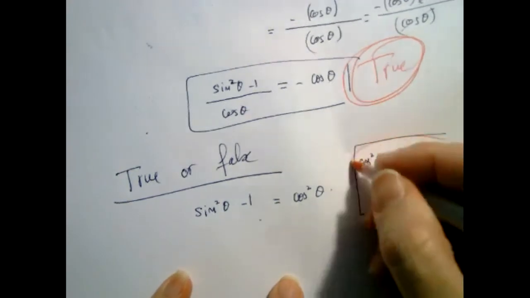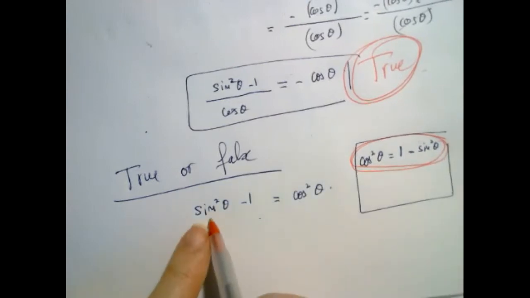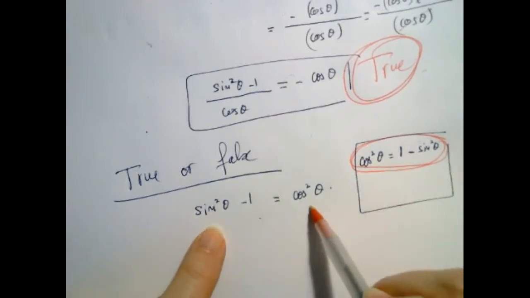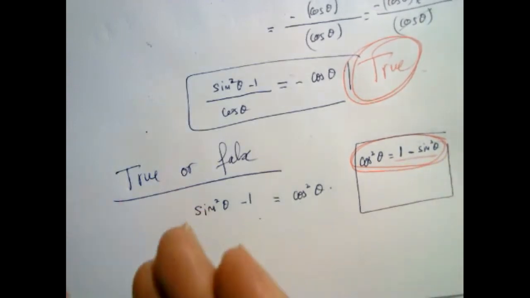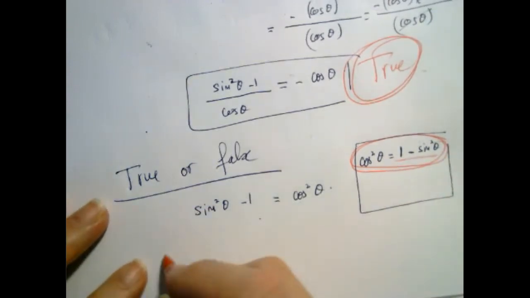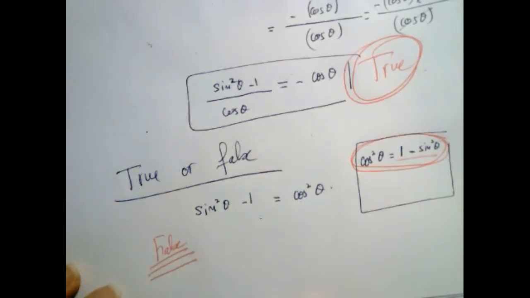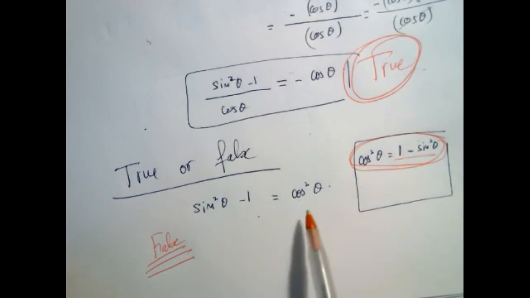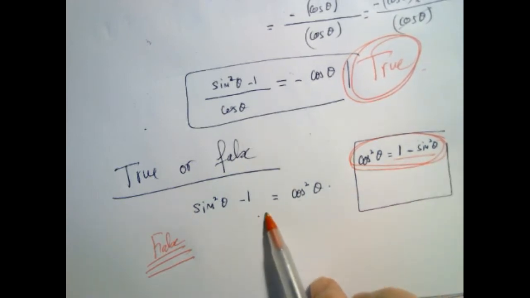The cosine square is 1 minus the sine square. So sine square minus 1 is not the cosine square, because the cosine square is 1 minus sine square. So that's a false statement.